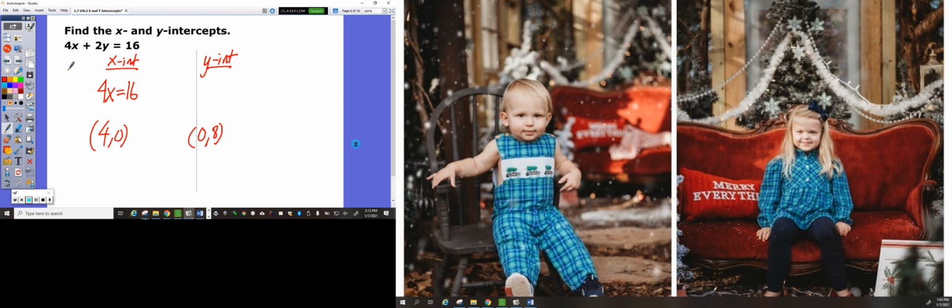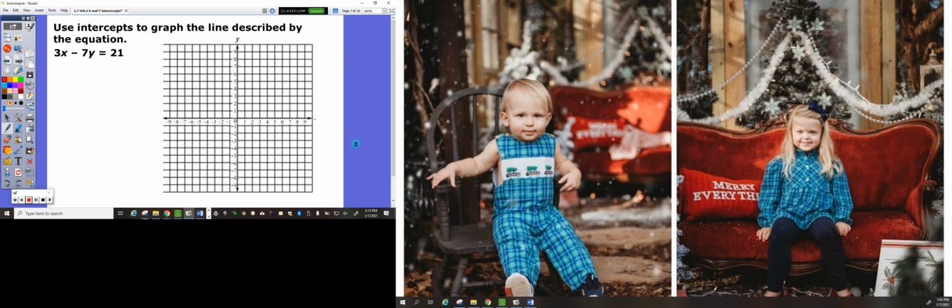All right, so you can either graph all of them at one time or you can do them separately. Just look at it. Don't even do the work. Jason, look at this. What's the x-intercept for this? 7, 0.